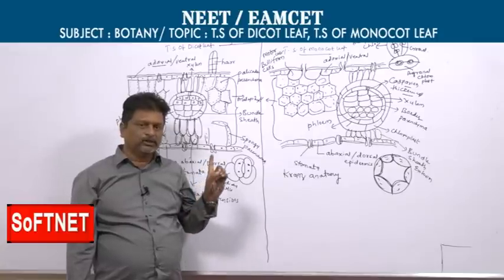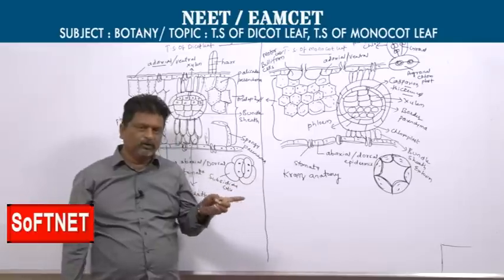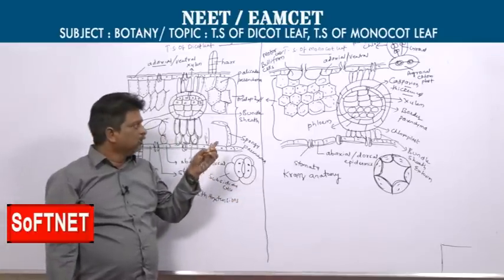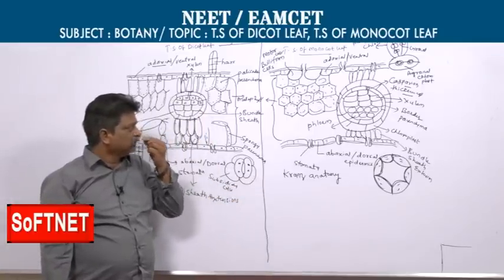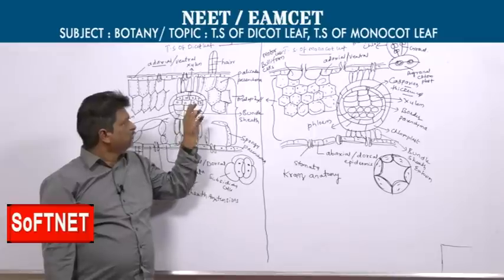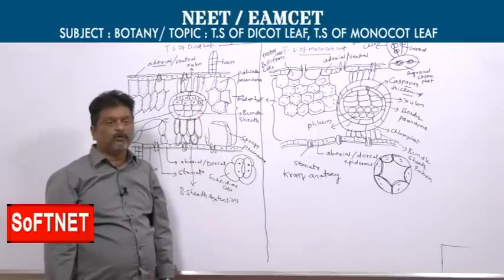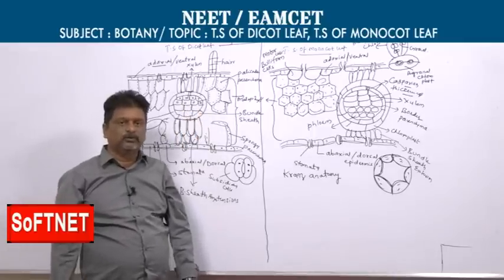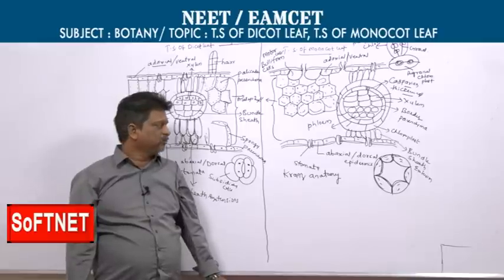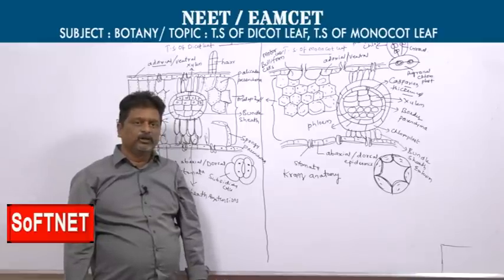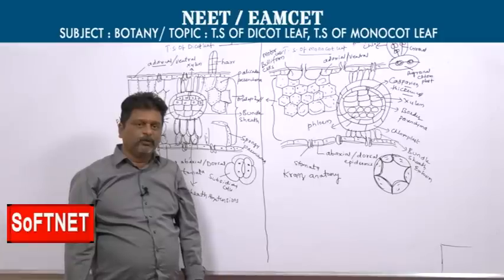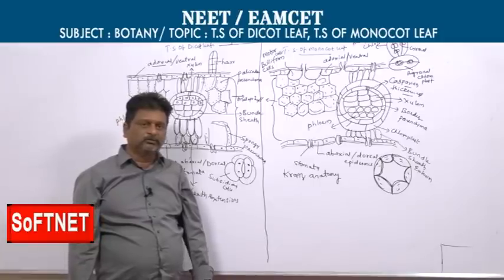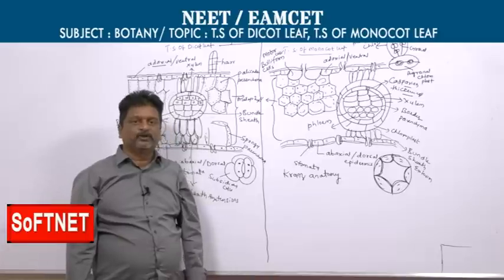Already I discussed one point. What is that point? That in Cycas leaflet, between xylem and phloem, non-functional cambium is present. So it has open type of vascular bundle. If the question is which leaf has open type of vascular bundles, it is Cycas leaflet.